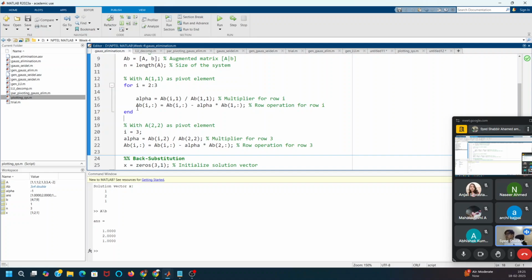So we have the pivots. First, I'll take the first element of the first row and use it to make the first element of the second row and the first element of the third row zero.